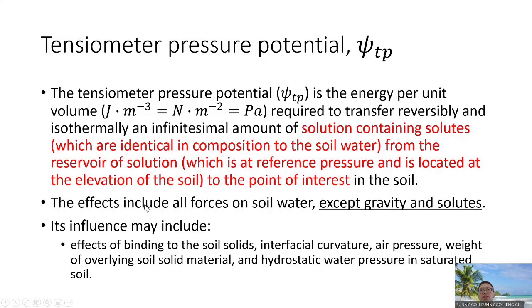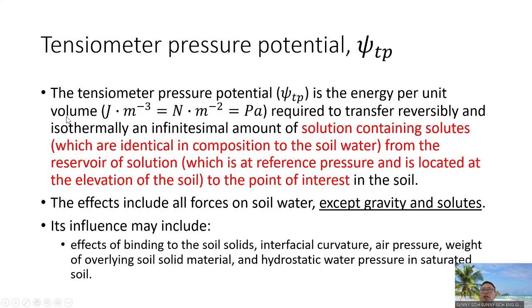The effects include all forces on soil water except gravity and solute. Its influence may include the effects of binding to the soil solids, interfacial curvature, air pressure, weight of overlying soil solid material, and hydrostatic water pressure in saturated soil.